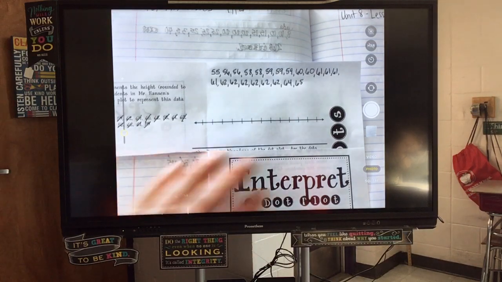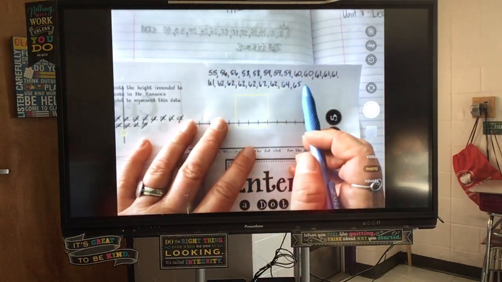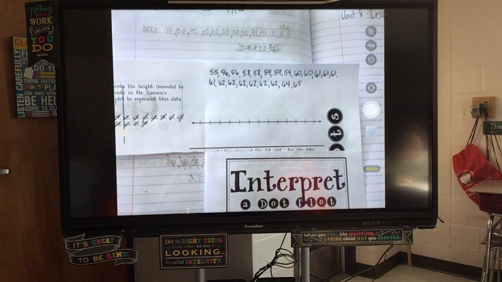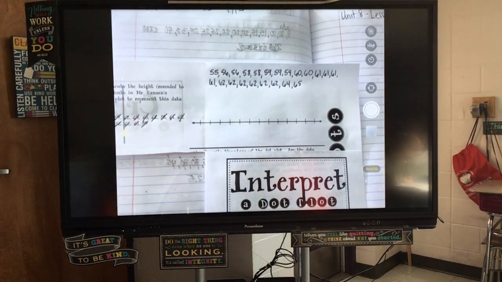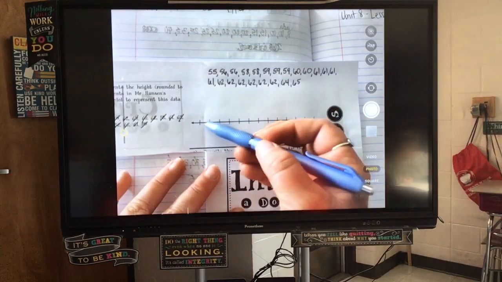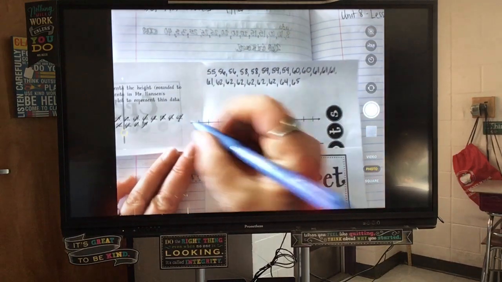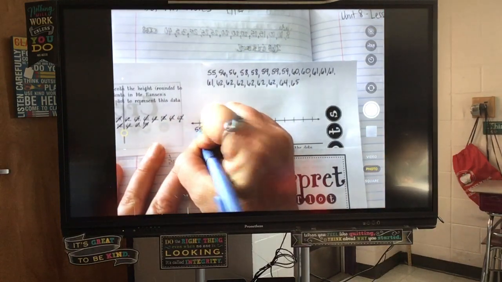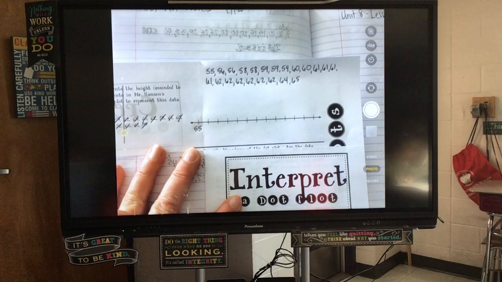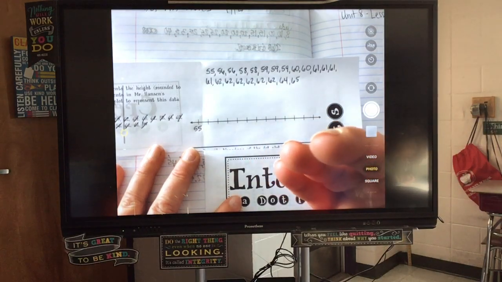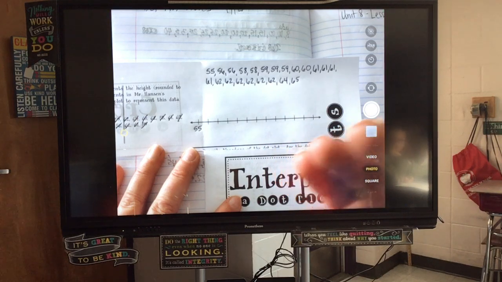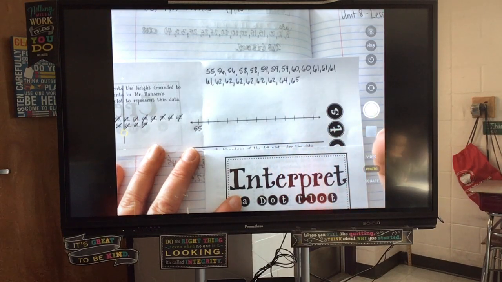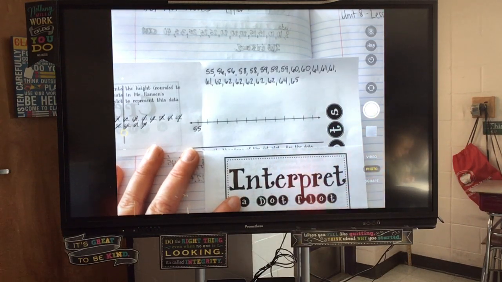Okay, so our smallest number is 55 and our biggest number is 65. How many lines do we have? Count your tick marks on there, because we know we have to start with 55. We have 13, which works out perfectly.